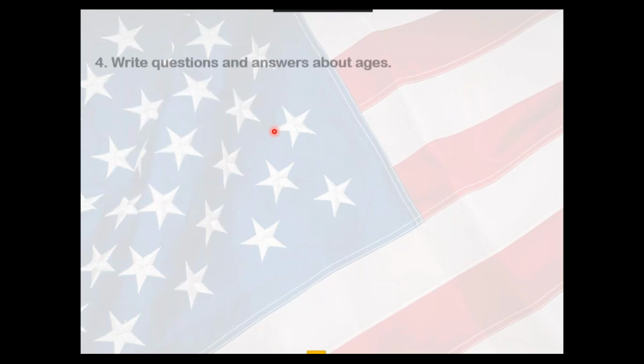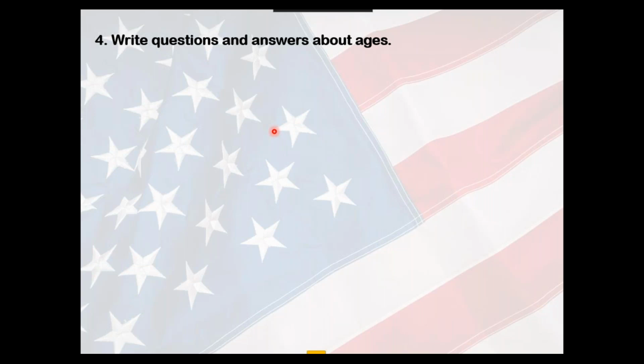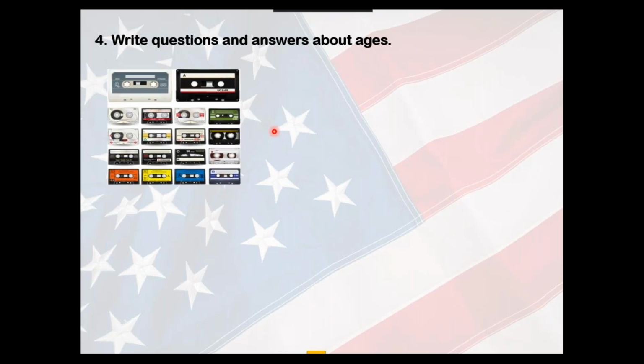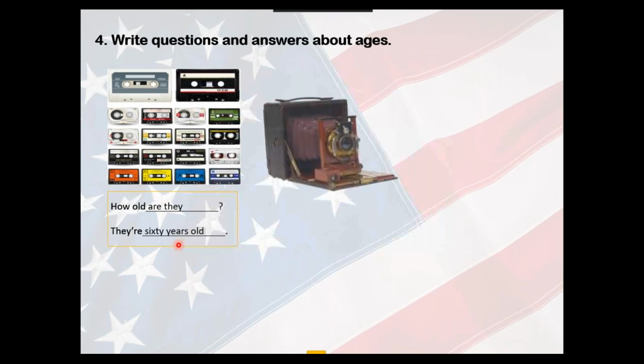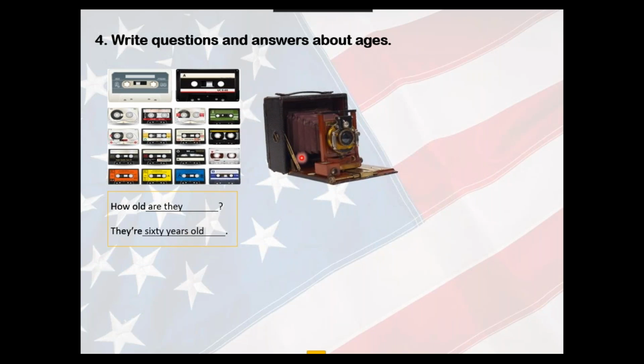Correct. Continue. We have to write questions and answers about ages. Come on, this picture. How old? Singular or plural? It's plural, right? So how old are they? And my answer, well, they are 60 years old, right? 60 years old. Next, singular.